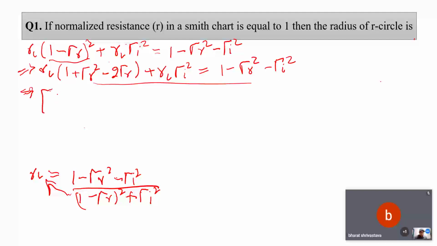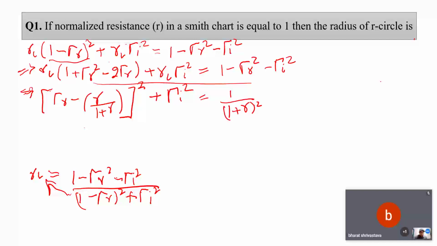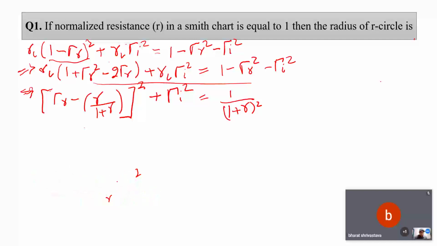This becomes gamma r minus R over 1 plus R, all squared, plus gamma I square is equal to 1 upon 1 plus R, all squared. This represents the equation of the resistance circle.